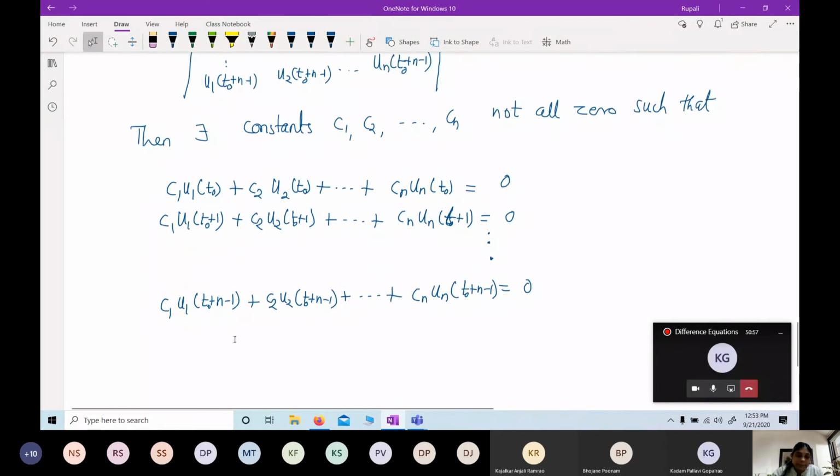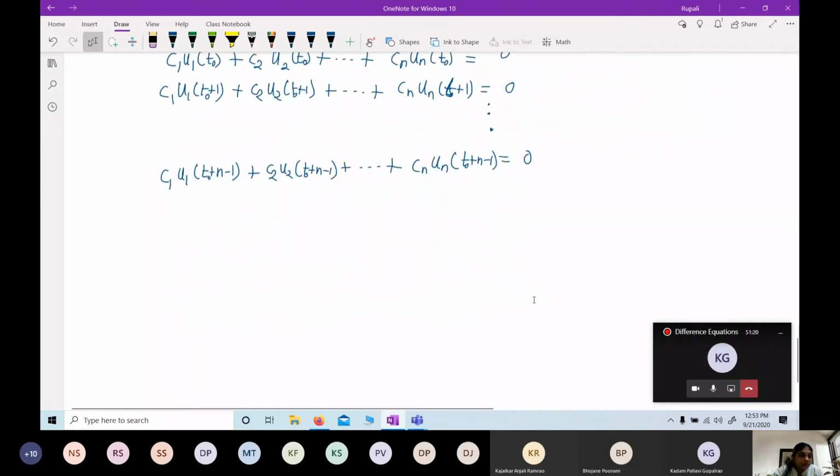So what can I say? Now I have a system of n homogeneous equations satisfied by these.